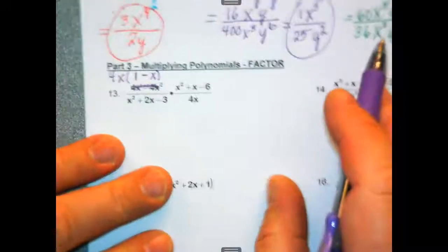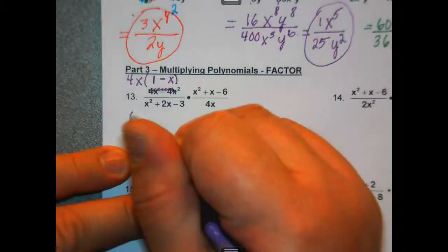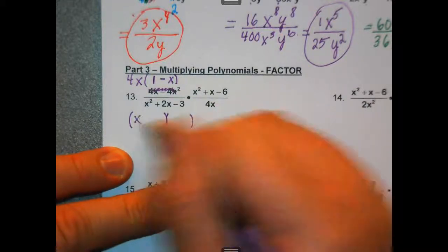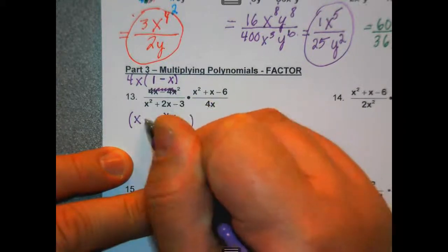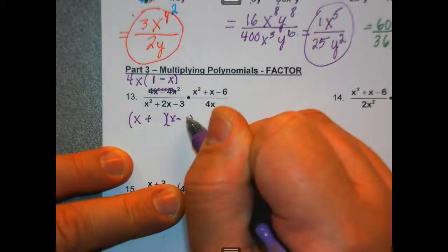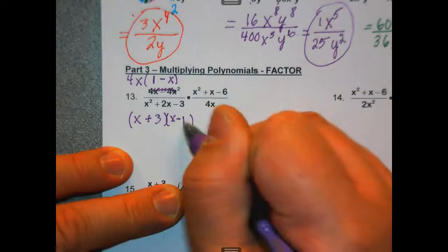And what about the denominator? X times x, that's the minus, so 1's plus, 1's minus. 3 has to be positive.